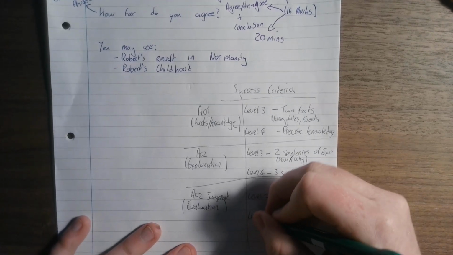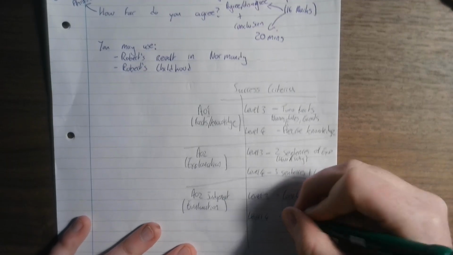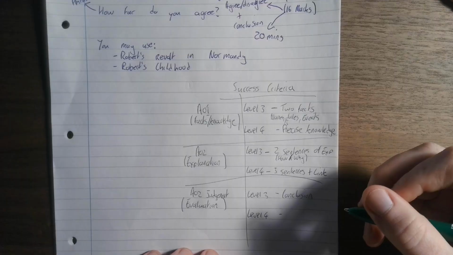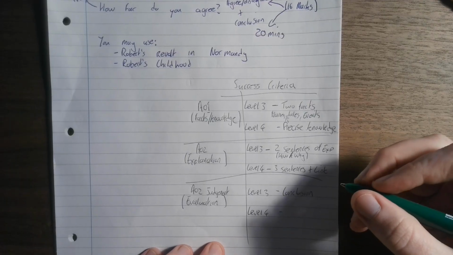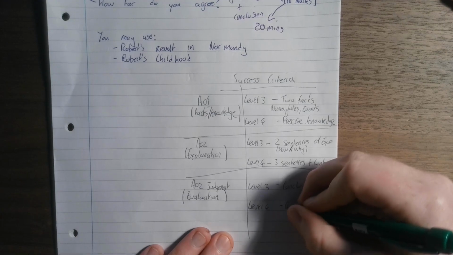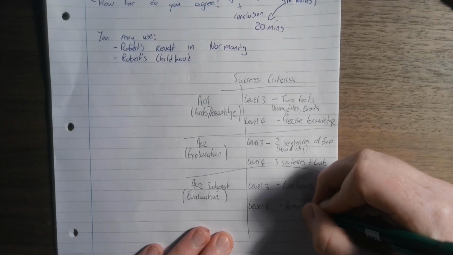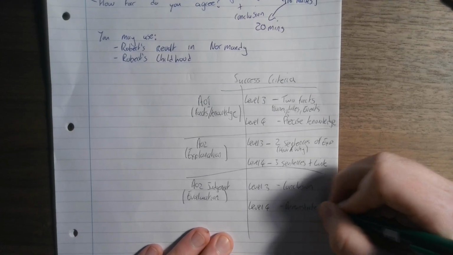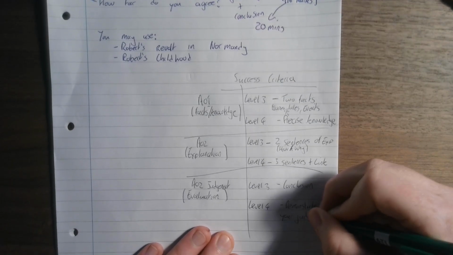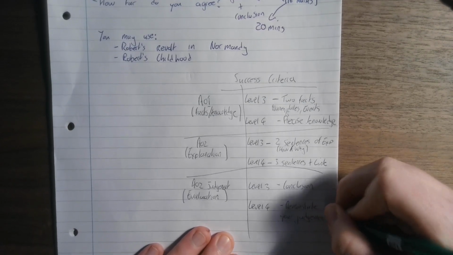Finally, for a level 4, which I think is very achievable, all you need to do is demonstrate your judgment throughout your entire piece. So you need to demonstrate your judgment throughout.